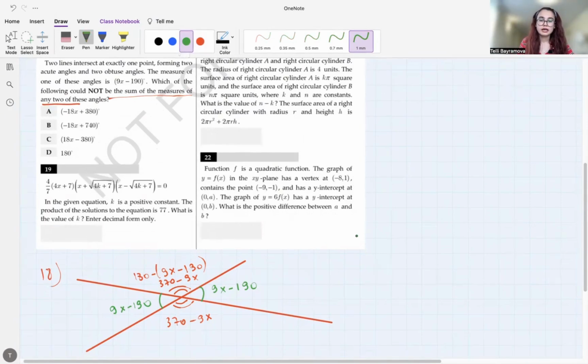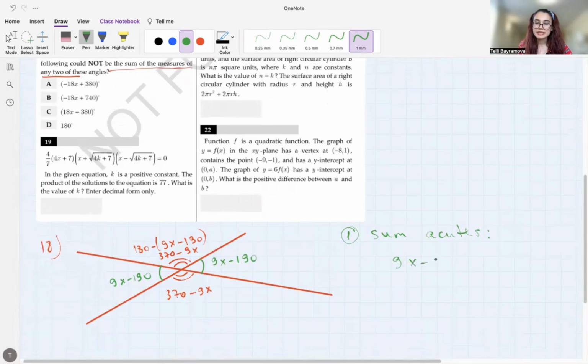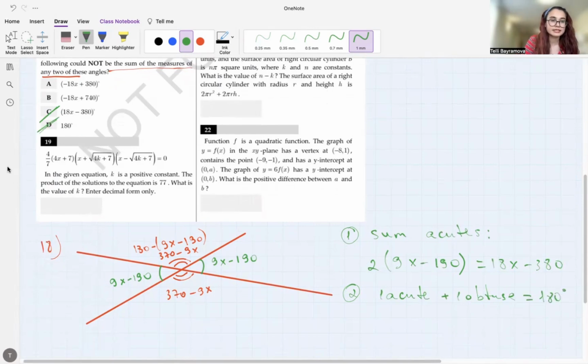Let's find the first case, the sum of acute angles: 9x minus 190, there are 2, so multiplied by 2, which equals 18x minus 380. Second case, 1 acute plus 1 obtuse is always 180 degrees.